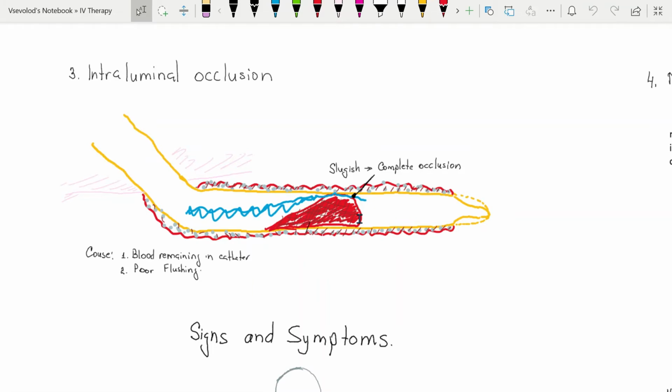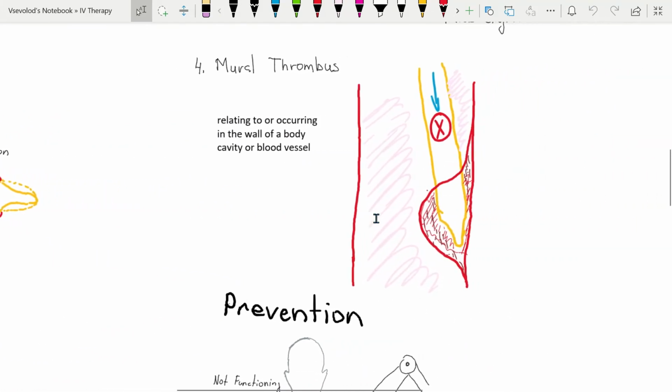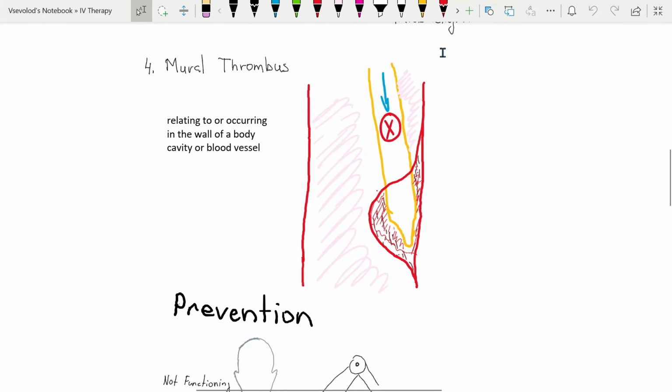Frequently, the cause is blood remaining in the catheter after inadequate irrigation or retrograde flow of blood inside the catheter. Also, poor flushing techniques after blood sampling may allow a layer of fibrin to accumulate over time, narrowing or obstructing the lumen of the central vascular access device.